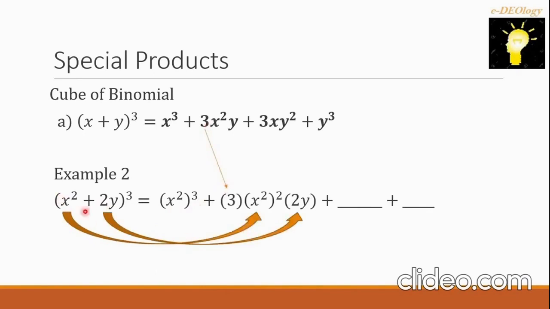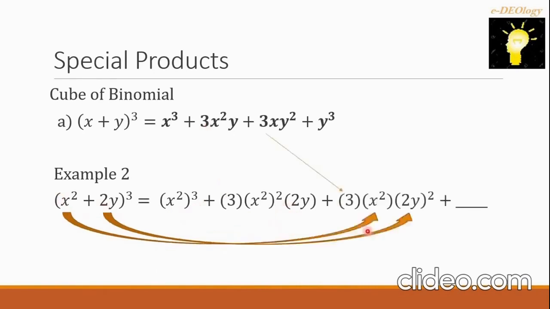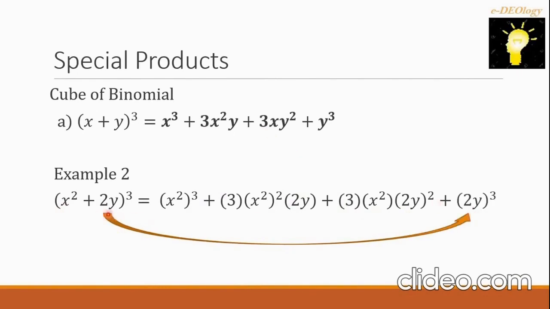Then I'm going to copy the 2 terms, but the first term must be squared. In the third blank, again I'm going to put the constant 3, and then I'm going to copy the 2 terms here, but the second term, the 2y, must be squared. And for the last blank, the 2y must be raised to 3.